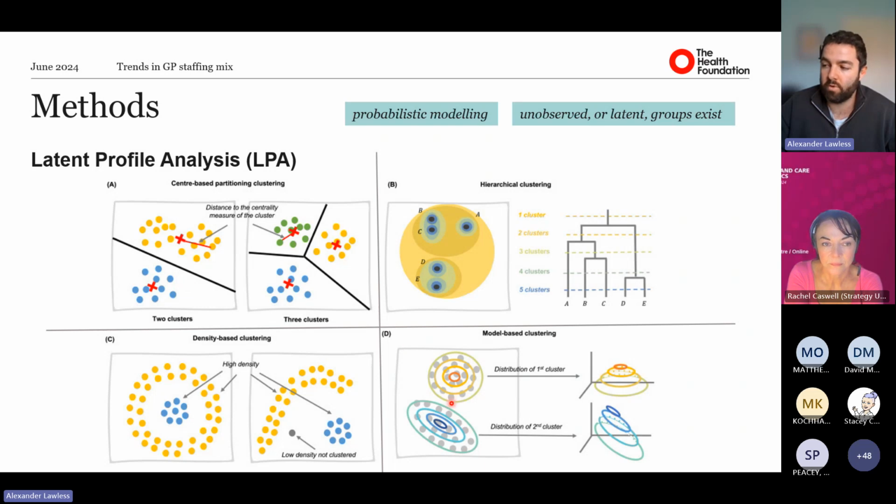Whereas, for example, within a probabilistic assignment, this point here, I don't think necessarily is on this image, but theoretically this point here could be closer in distance to the central point of this blue cluster, but given its position relative to others and the shape in which they're occurring, it's probabilistically assigned to this cluster.